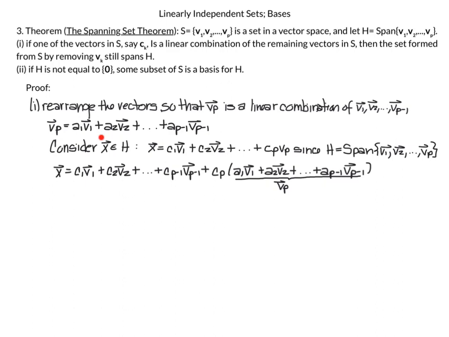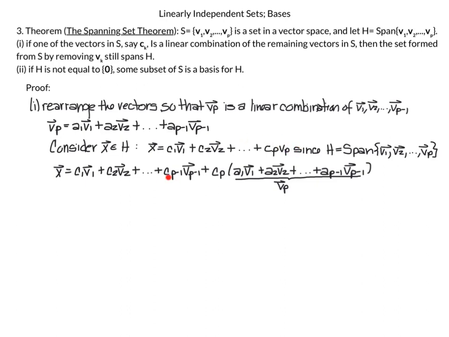So in other words, we're going to consider x in H because we want to say that our set still spans H. We know that the p vectors, before we unceremoniously threw out this vector, span H, so x can be written as a linear combination of the p vectors. So we'll have C1 V1 plus C2 V2 up to CP VP, since H is equal to the span of the p vectors. And you'll notice I put different coefficients here.